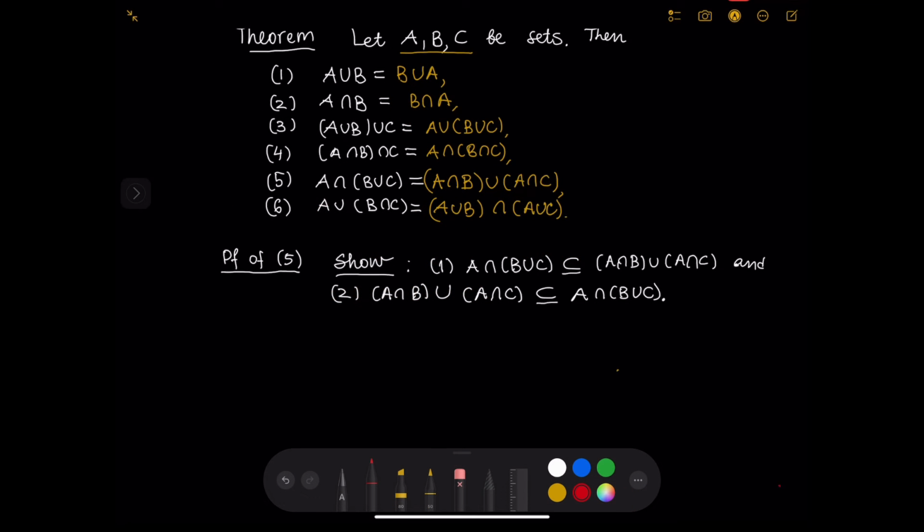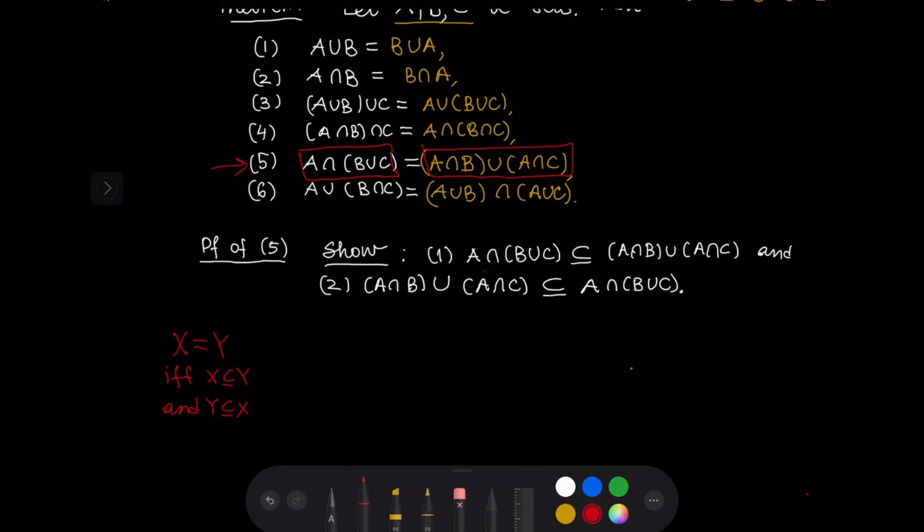In order to prove property 5, we are going to use the theorem that we stated just a few minutes ago: two sets X and Y are equal, X equals Y, if and only if X is a subset of Y and Y is a subset of X. So if this is our set X and this is our set Y, then we are going to show two inclusions. The first inclusion is that the left-hand side of equality 5 is a subset of or equal to the right-hand side of equality 5.